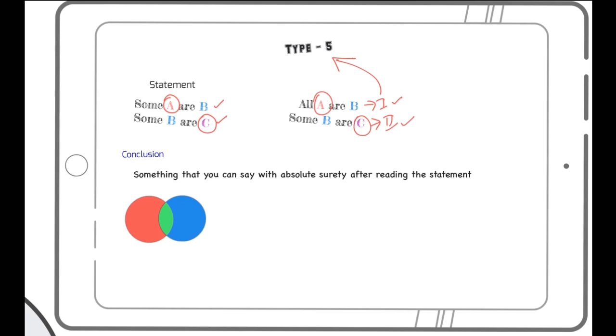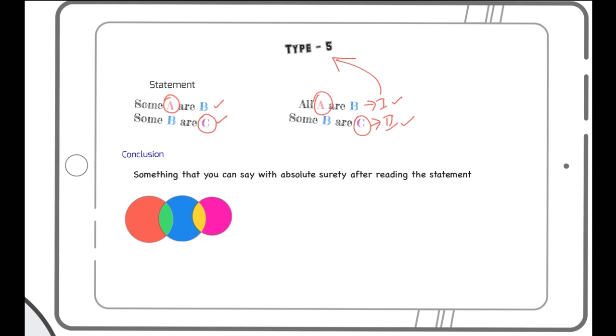Then I go for C. Now some B R C, right? And B is my blue here. So I'll draw the diagram in this way. That would be my C. Let's put the color to it: C represents my pink. If I have to look at their intersection, I'll put it as yellow.